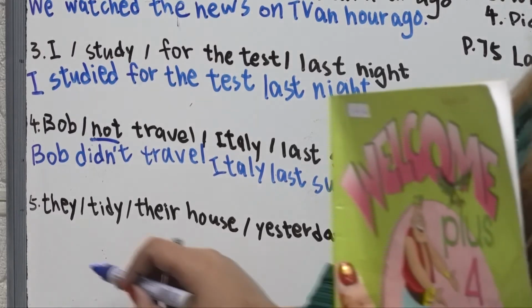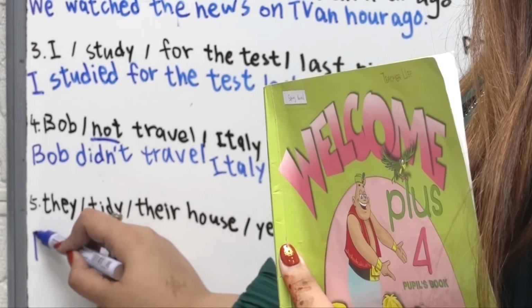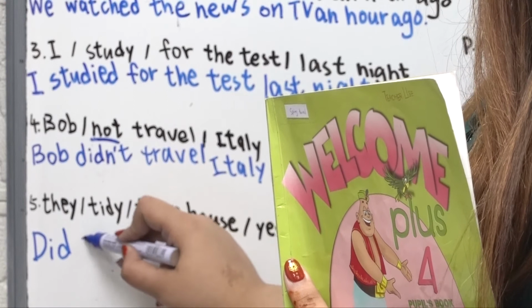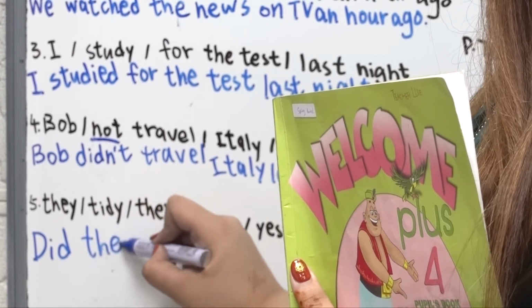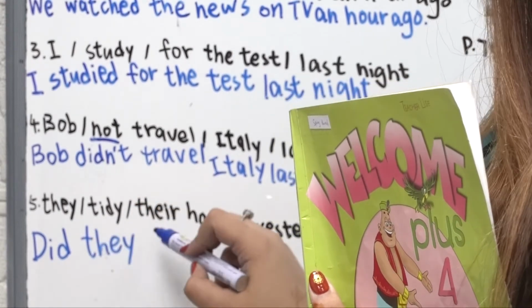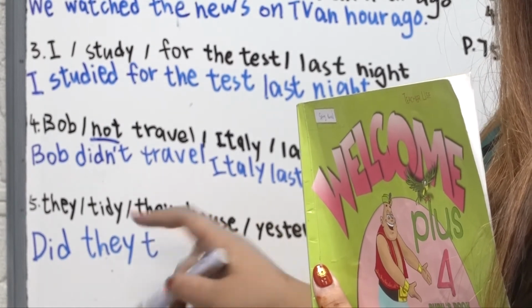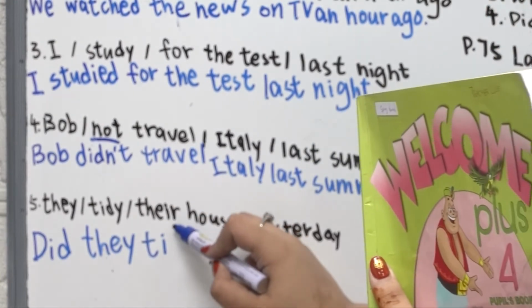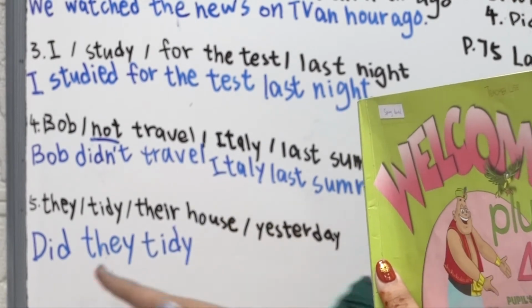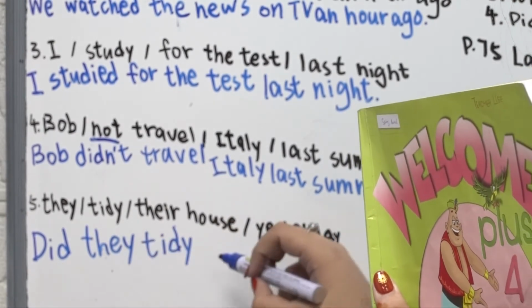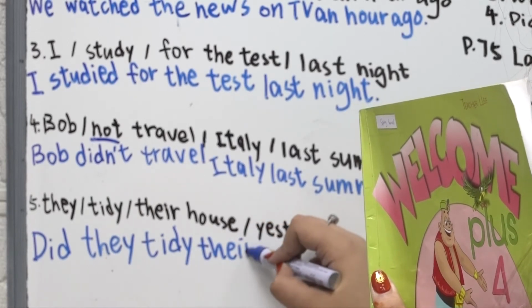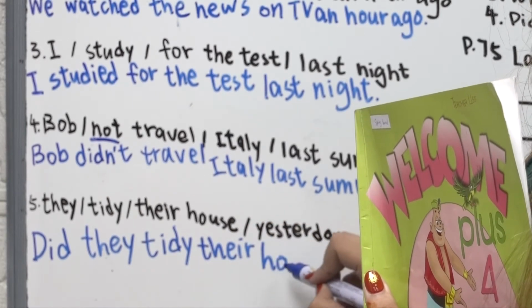We use did, and then the subject they, and then the verb. Do we change the verb? Do we add IED, cross out the Y? Not really, we don't. Did they tidy their house?